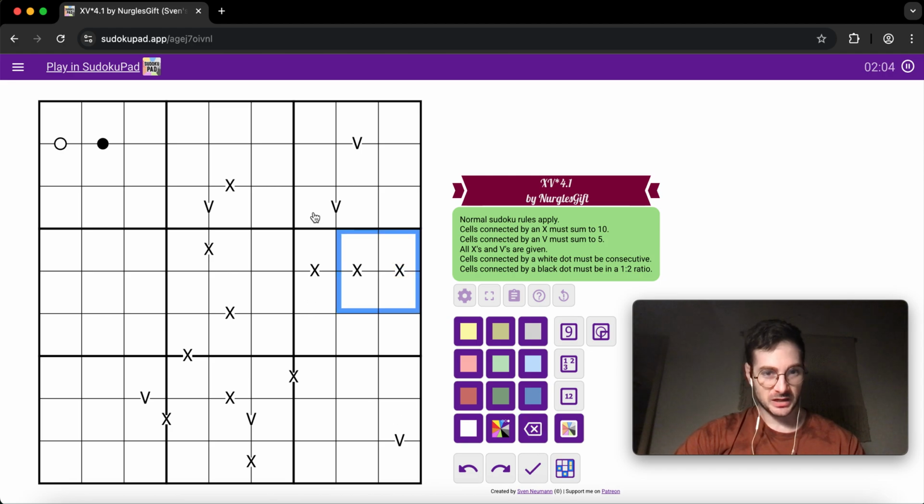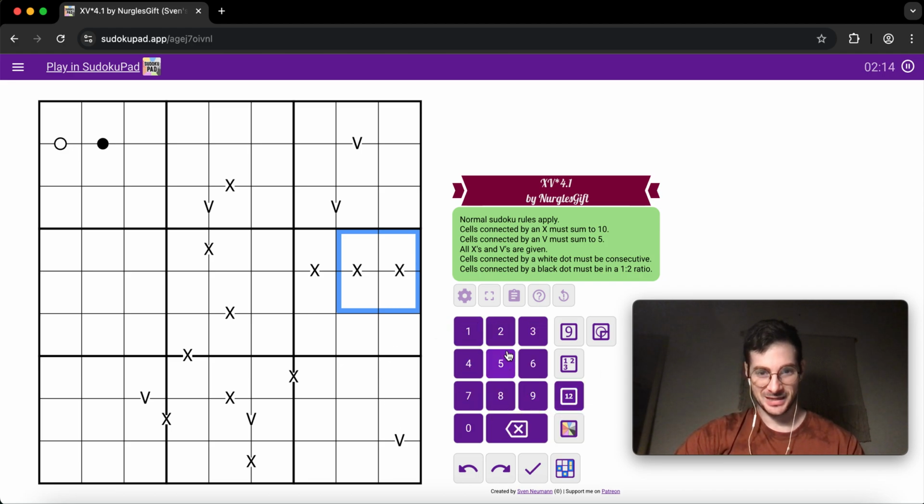The way I use these colors is I make the light color a number from 1 to 4, and the dark color a number from 6 to 10.